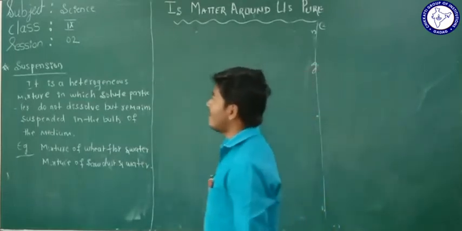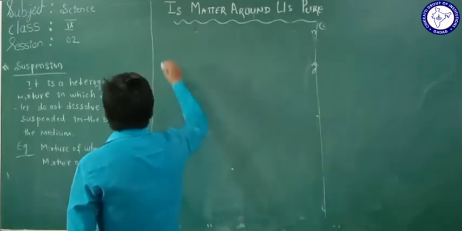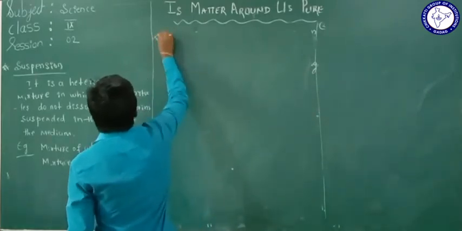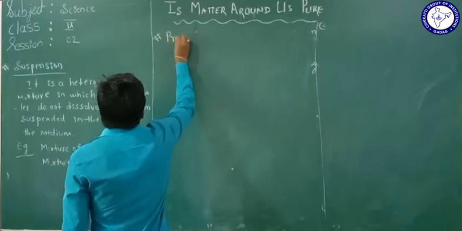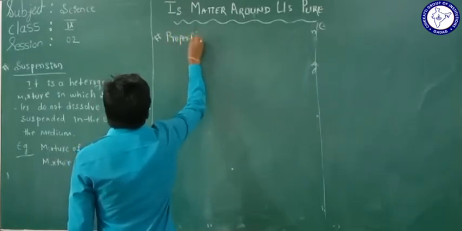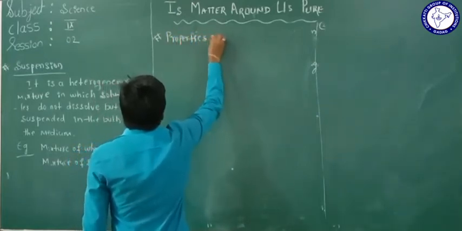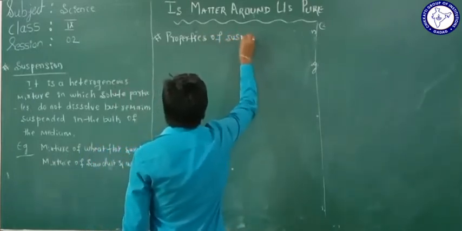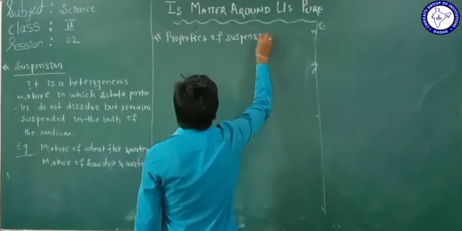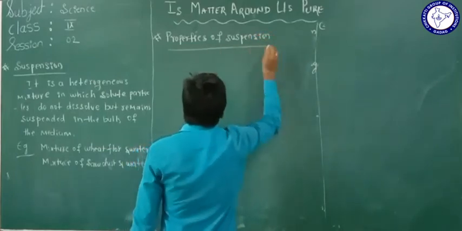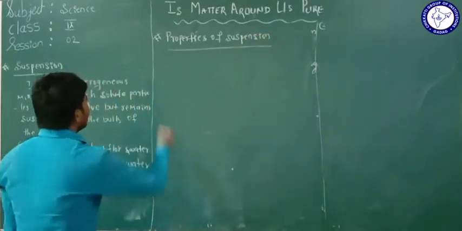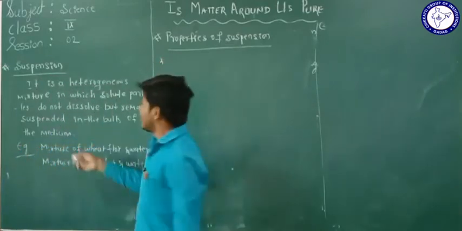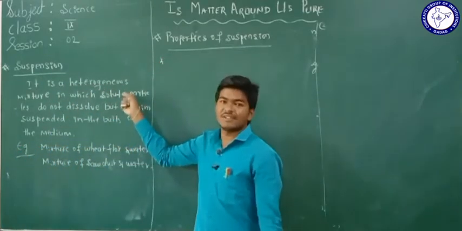Then what are the properties of the suspension? Properties of a suspension. The first property is that it is a heterogeneous mixture.